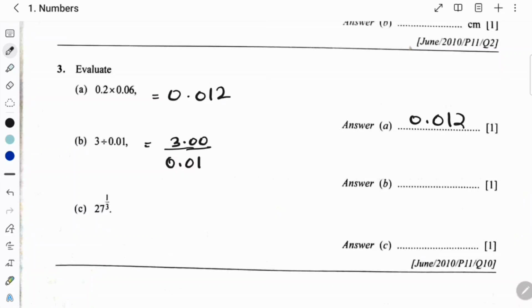Now it's there, so remove the decimals, or you can say you are multiplying numerator and denominator both by 100, and then it will become 300 upon 1. So this becomes 300 upon 1. So 300 is the answer for this question.